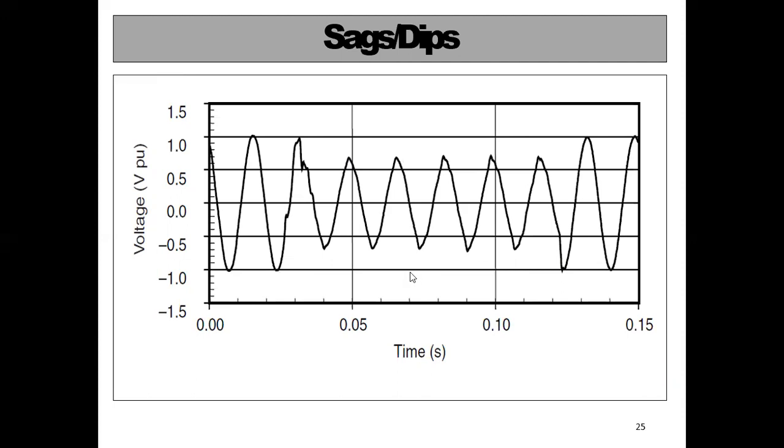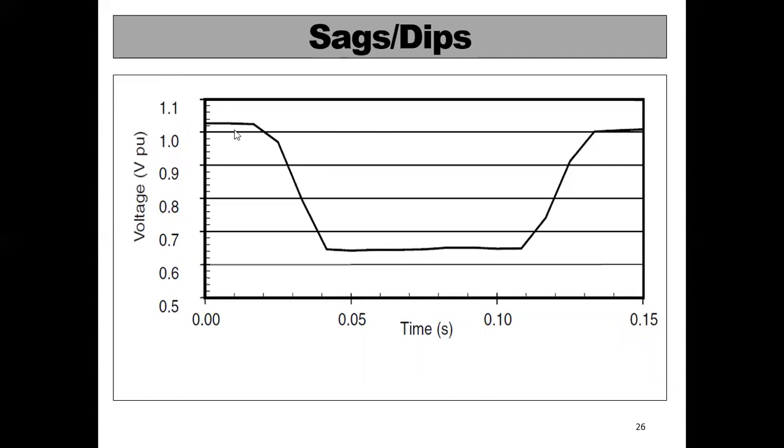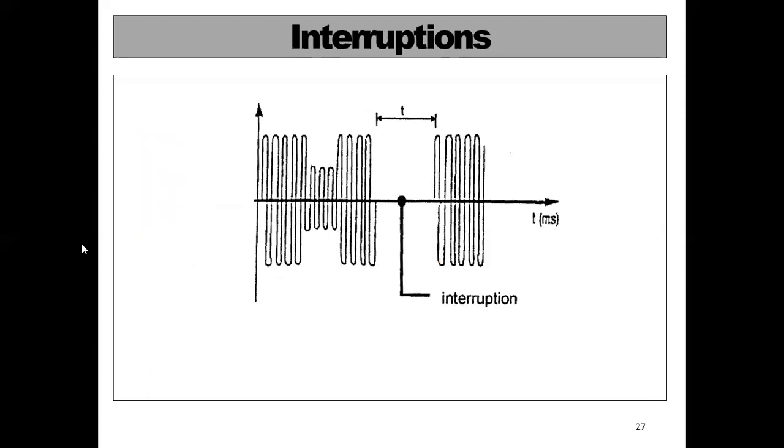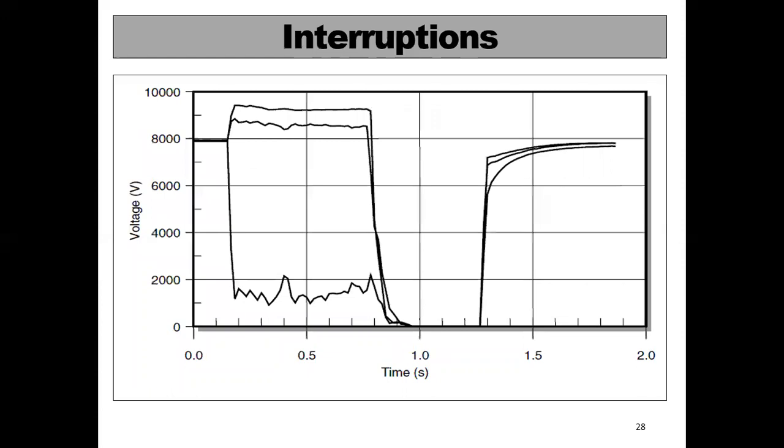Sag or dips: dips means the voltage decreases and remains constant, and after that it increases and remains constant. Interruption means for some period of time the voltage is zero. The voltage in the system is zero. This is your interruption.